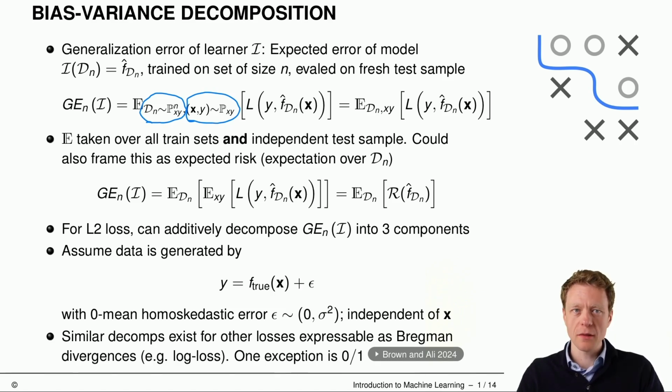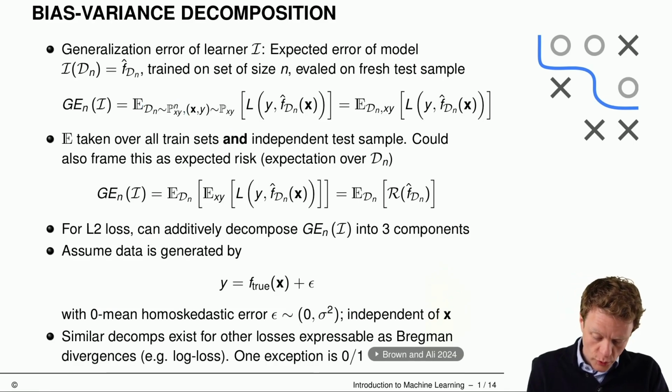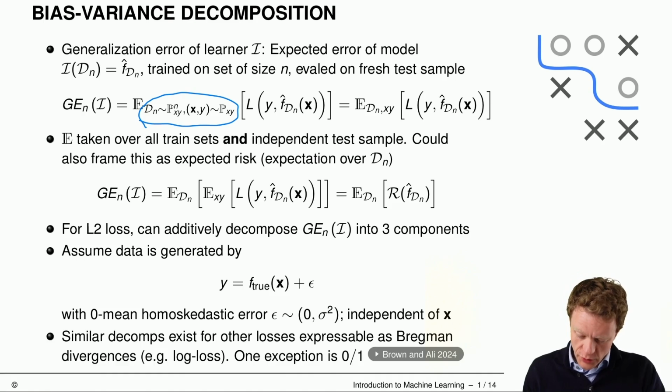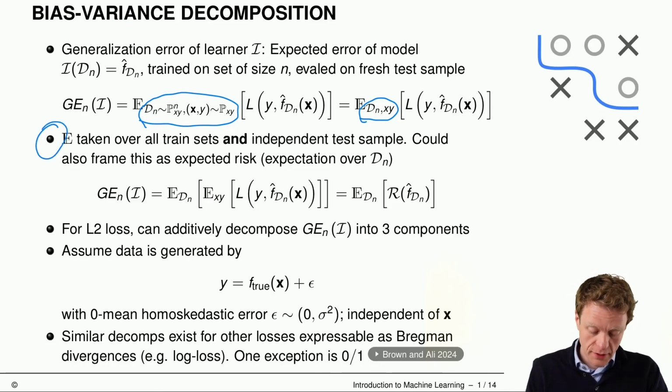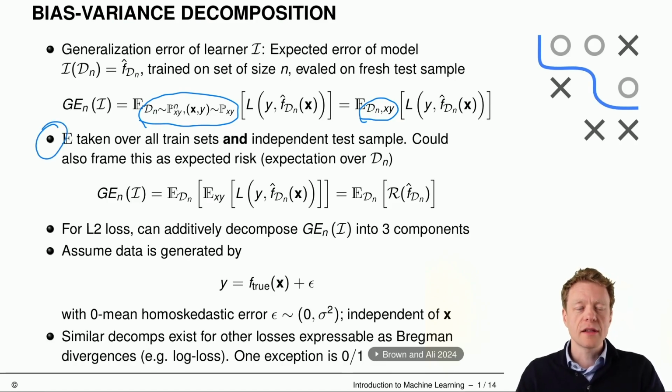So this is a double expectation. Instead of the longer subscript, we can use a smaller subscript, which means the exact same thing. The important thing is that the expectation is taken over all the training sets and independent test samples.